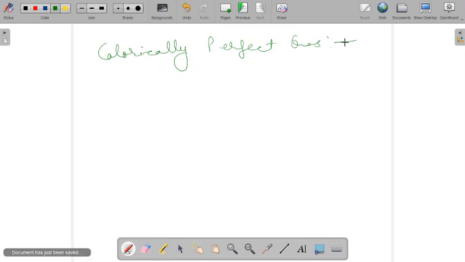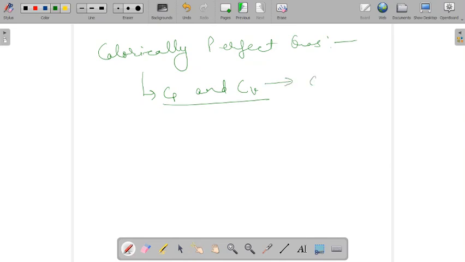A gas for which the values of its specific heats, Cp and Cv, can be considered constant, that is called a calorically perfect gas.